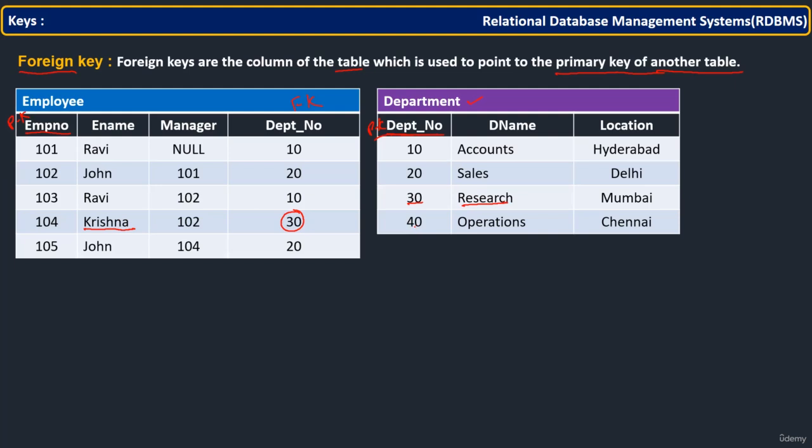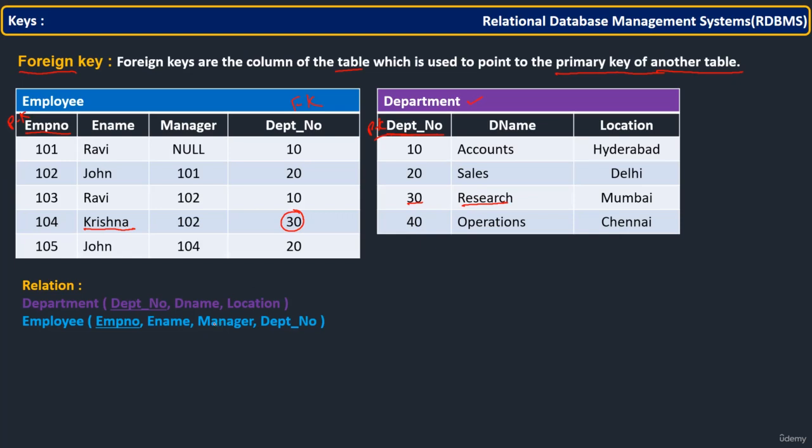So simply we can say, if you see the relation, the department table has DEPT number, D name, and location, and the employee table has employee number, E name, manager, and DEPT number. One simple discussion here: who is the parent and who is the child? That means which is the parent table and which is the child table?